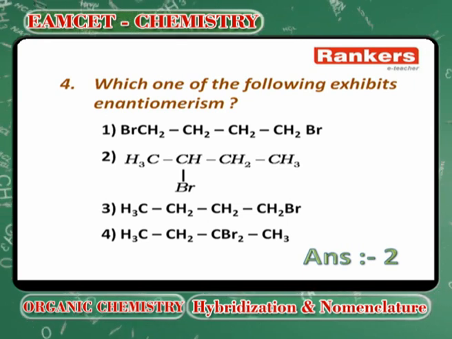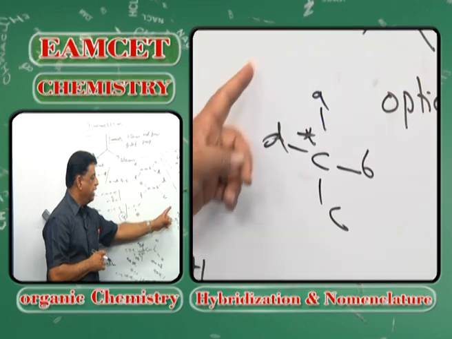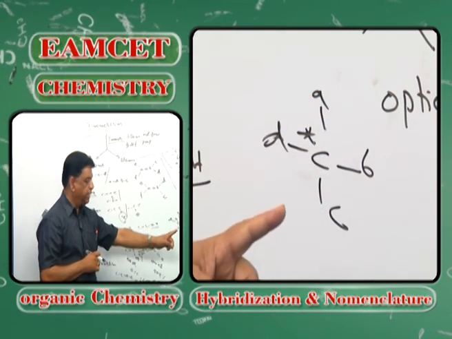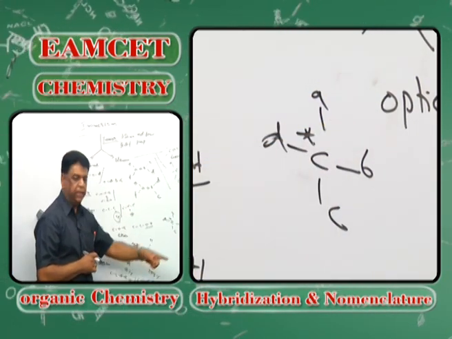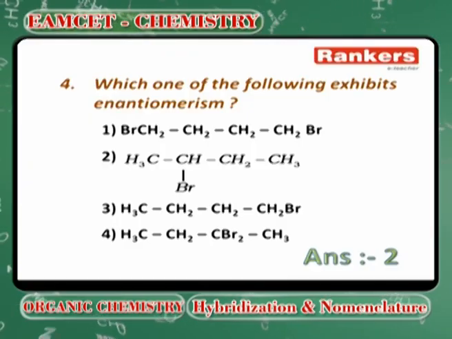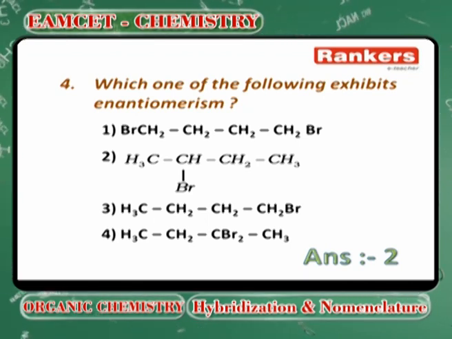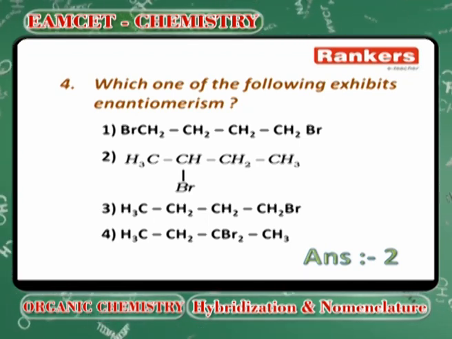So this carbon is a chiral carbon having 4 different groups. At this carbon you cannot cut the compound into 2 halves, therefore such a carbon is called a chiral carbon, and such compounds show optical isomerism or enantiomerism.